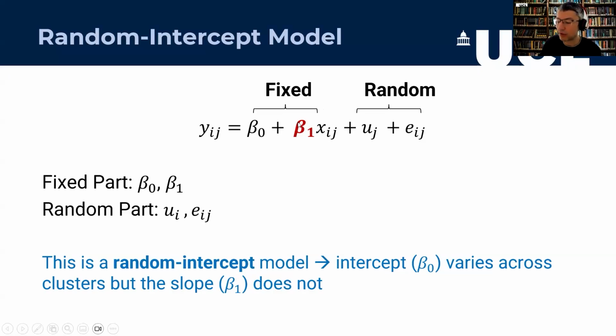So we will allow the intercept to change across the different countries, but the slope is going to be fixed and does not change across the various groups or countries. So this is a random intercept only model, because beta 0 varies across countries, but the slope doesn't vary across the countries.